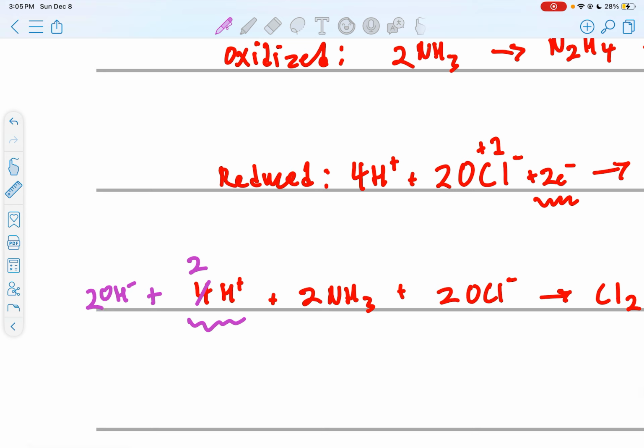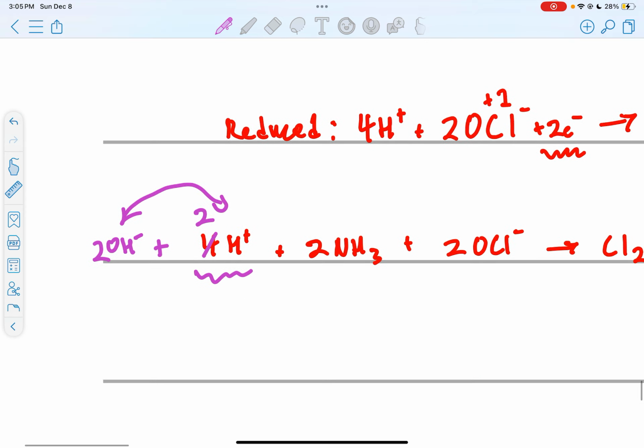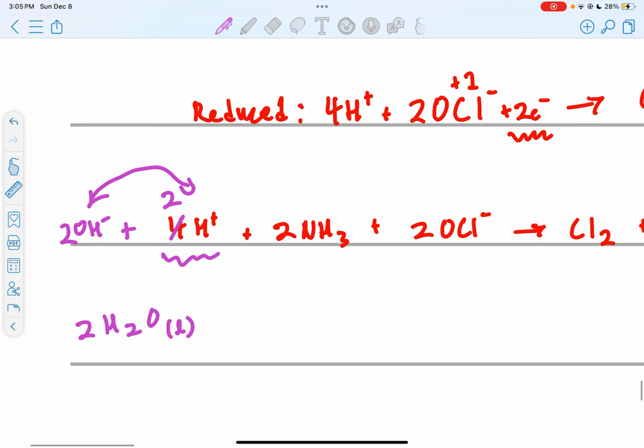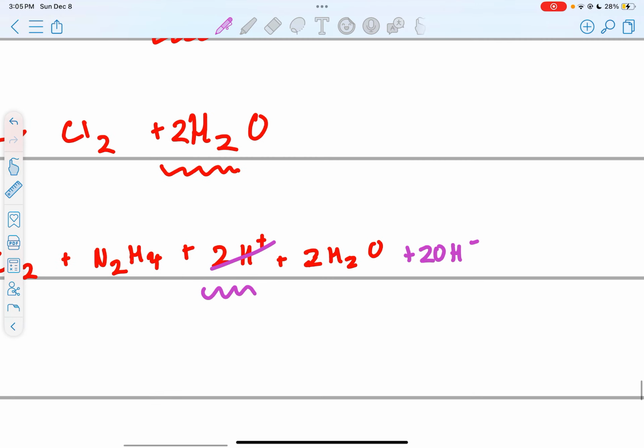Hydroniums, hydrogen ions, they mean the same thing. So these 2 compounds here, hydronium and hydroxide, they will bond to make water. 2 moles of water, to be precise, because there's 2 of them, right? So that makes 2 waters for this side. And this side, conveniently, has 2 waters.